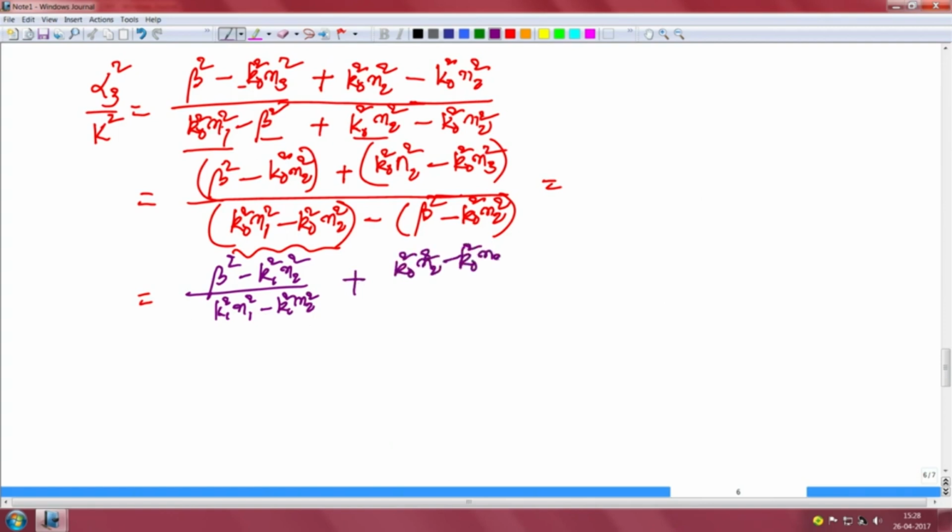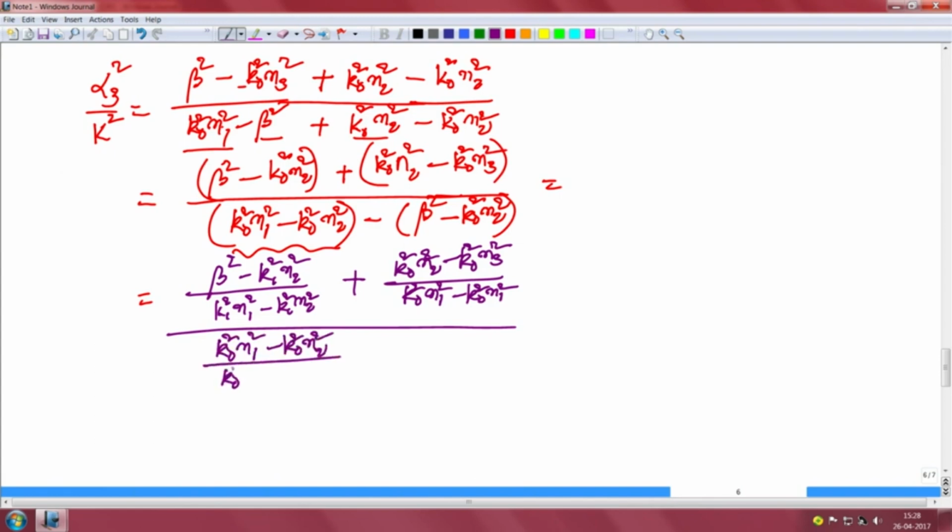The other part is k0 square n2 square minus k0 square n3 square divided by k0 square n1 square minus k0 square n2 square. Denominator also I will divide similarly: k0 square n1 square minus k0 square n2 square divided by k0 square n1 square minus k0 square n2 square, which becomes 1, and the other part beta square minus k0 square n2 square divided by k0 square n1 square minus k0 square n2 square.